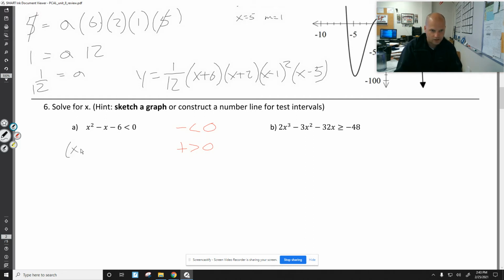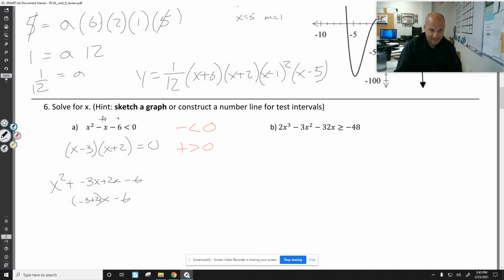Now, to find the zeros, we should factor, set equal to 0, and you get 3 and negative 2. Obviously, we're looking for two numbers that add to get this and multiply to get this. We've done it so many times that we should know. And we're not doing a cross thing. I'm just knowing that if I distribute this, it's x squared plus negative 3x plus 2x minus 6.